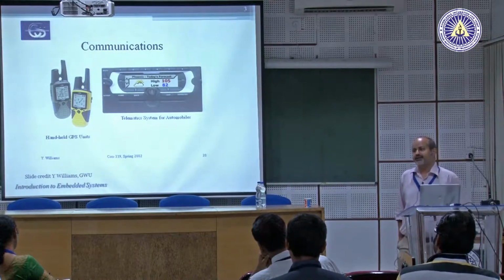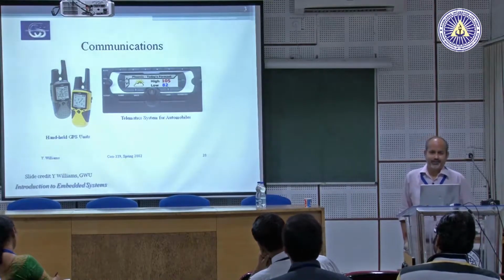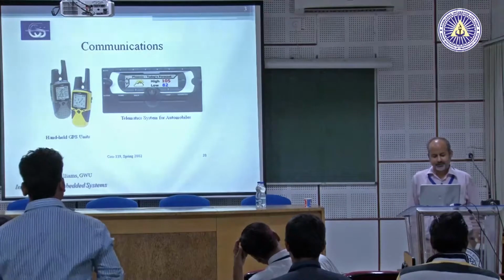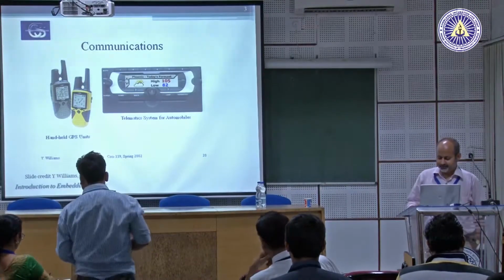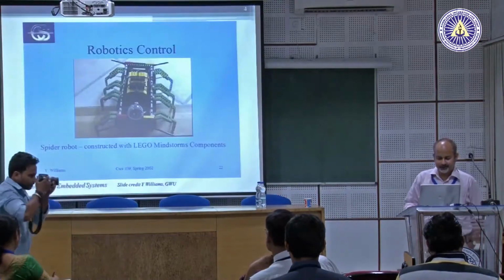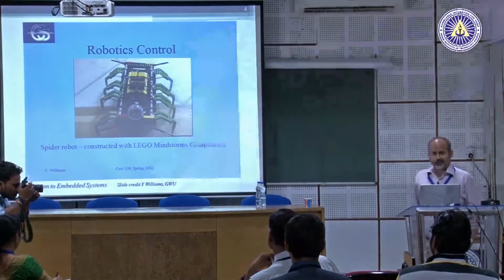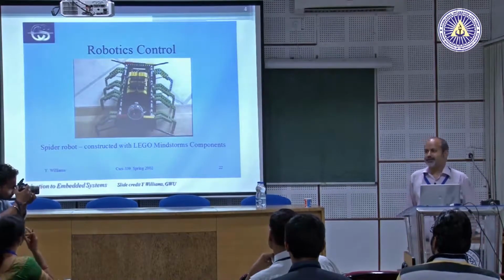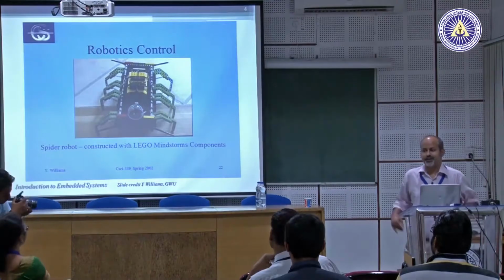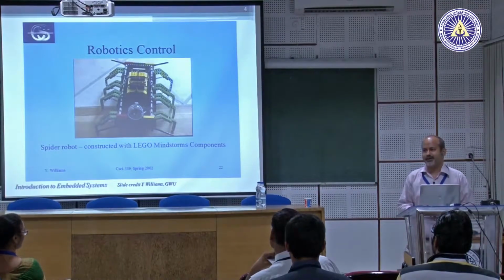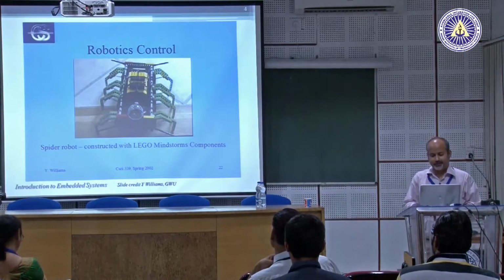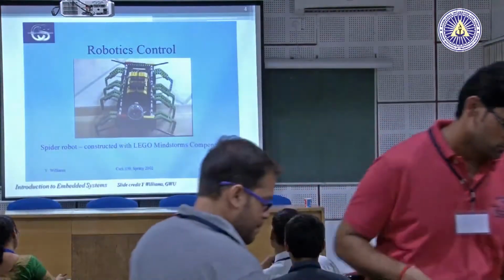So communication is one major area where you see embedded systems being used a lot. That's not surprising. In robotics, we see embedded systems all the time, because I'll formally define what an embedded system is, and then you will see why I'm calling all this embedded systems.